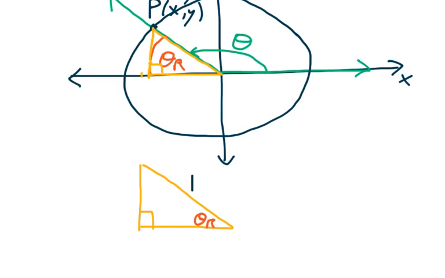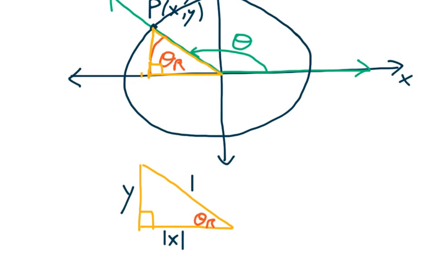Now, it's the unit circle, as I said, so this is length 1. Now, what about the other side lengths? Well, the height of the triangle, right, the length of this side here, that's what the y-coordinate is. What about the length down here? Well, you got to be careful because remember, x is negative here, right? But we want the actual length. That's why we actually have the absolute value of x.